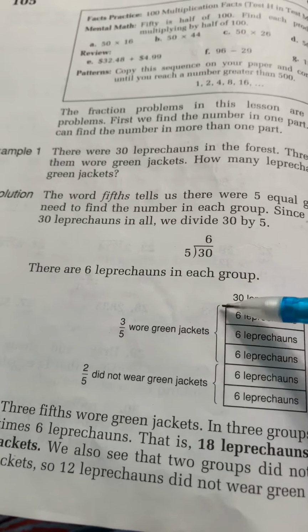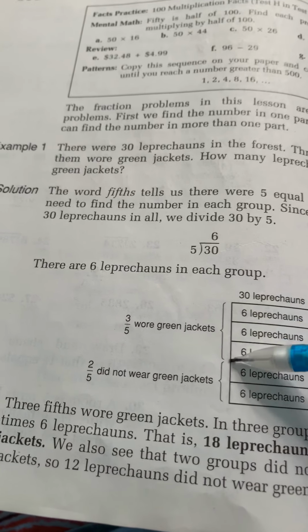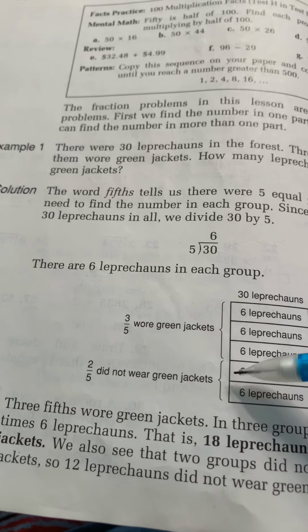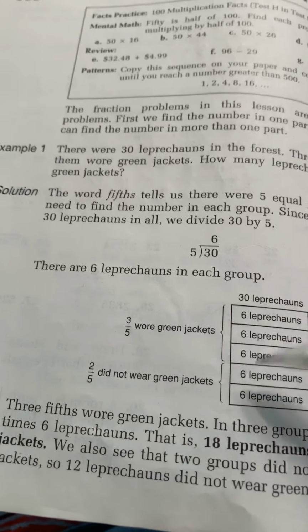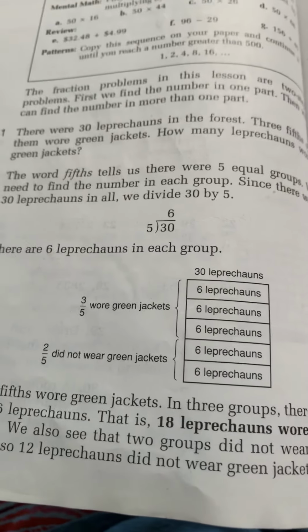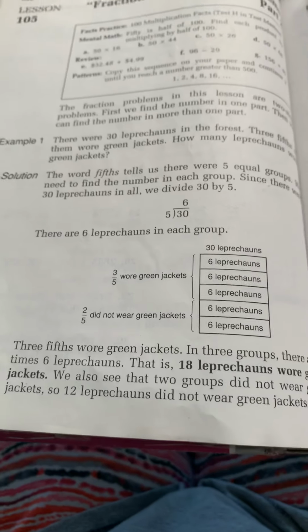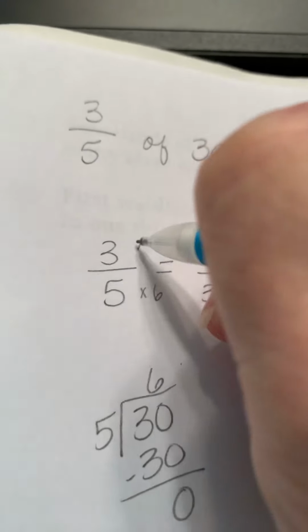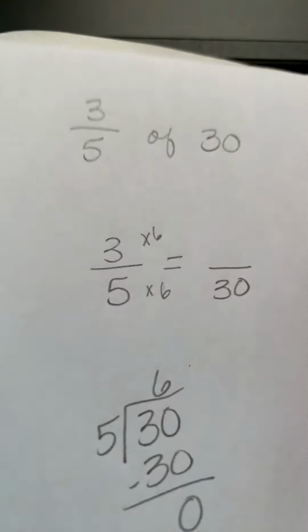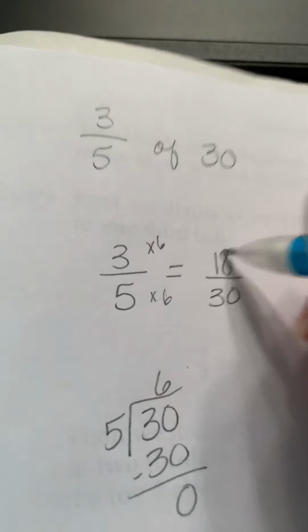And then they said, well, 3 of these groups wore green jackets and 2 did not. So 3/5 would be 3 groups of 6. So we have to multiply our 3 times 6. So that's what we're doing here when we're doing fractions. 3 times 6 is 18.